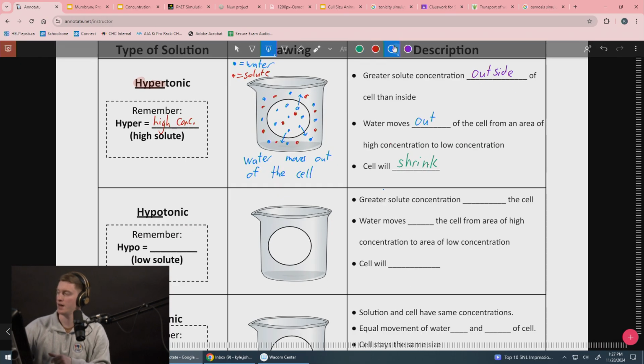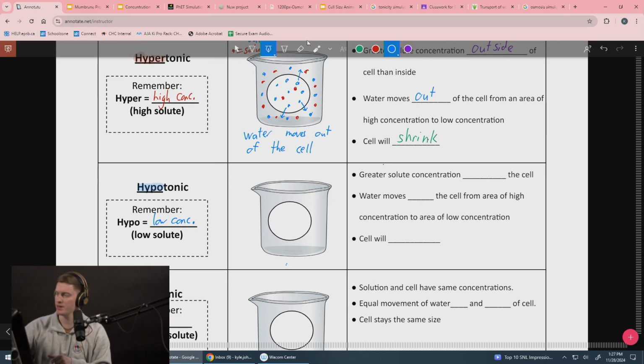Hypotonic. Hypo, O rhymes with low. Hypotonic is a low concentration. I'm actually going to switch that to red still, because we're still describing solute, which we're keeping in red.